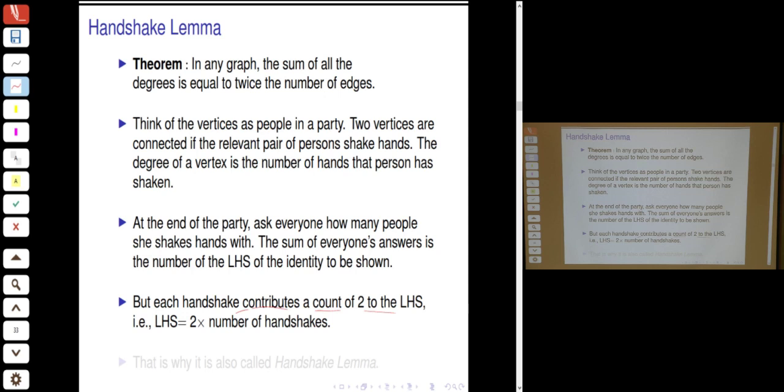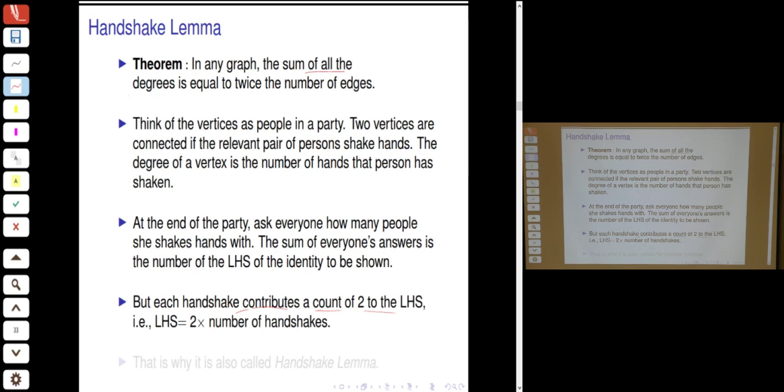So if the 2 persons A and B are shaking hands, then the same handshake will be counted twice: first when you are counting the degree of A, and then again the second time when you are counting the degree of B. So when you add up, every handshake contributes twice, and therefore the total number of handshakes, which is the total number of edges, and the sum total of the handshakes done by all the persons are related in the following manner.